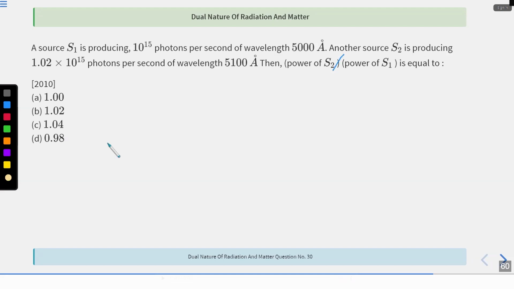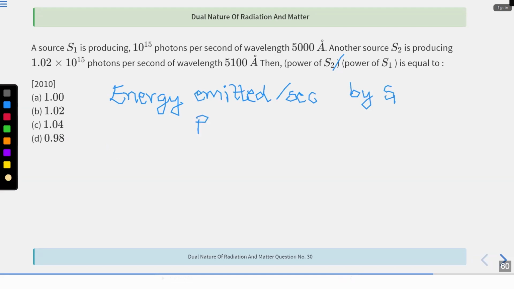So what I can tell is energy emitted per second by S1, I can call this P1. That is nothing but N1 into hc by lambda 1.